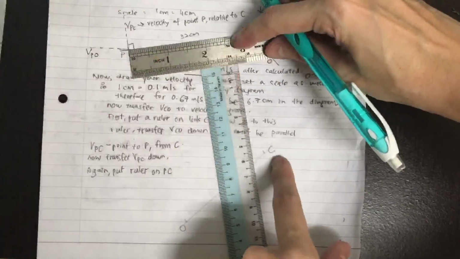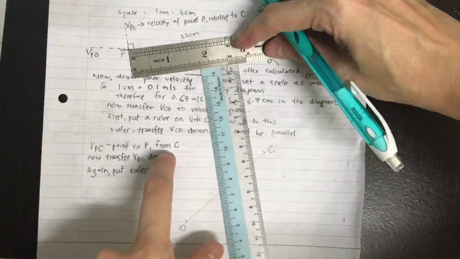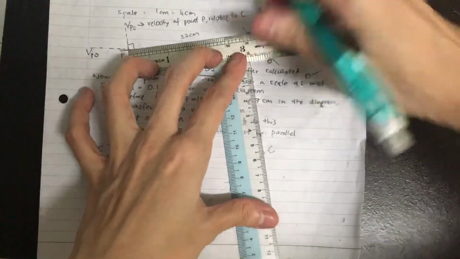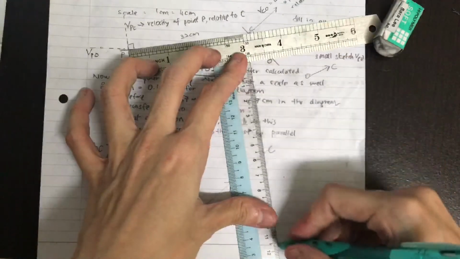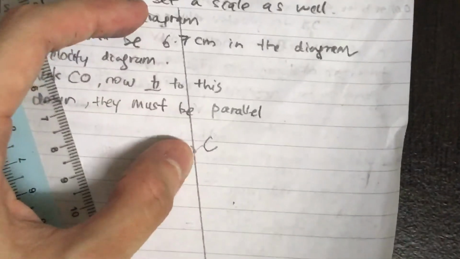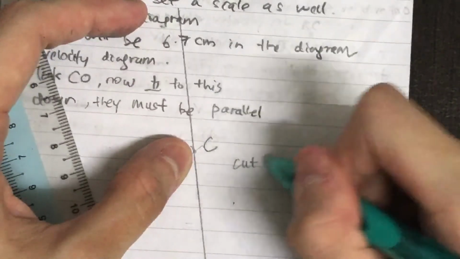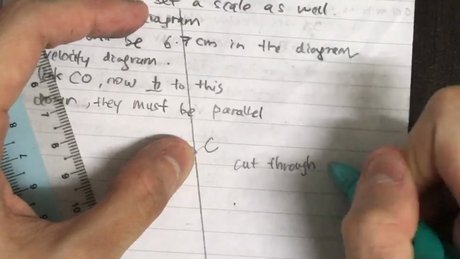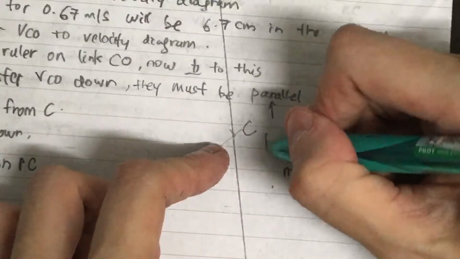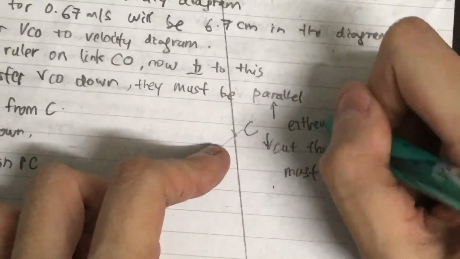Transfer VPC down, through C. Again, do not put the direction first, but I know it must be from C, either up or down.